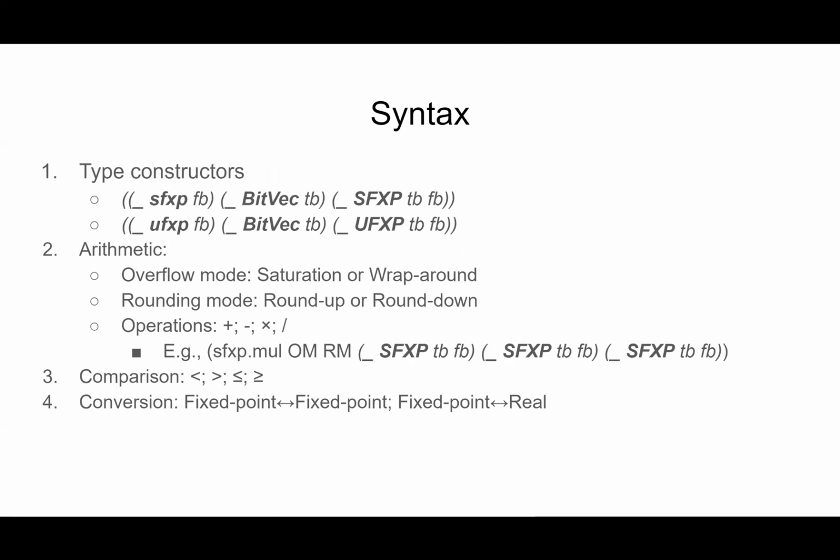So for the syntax of fixed point numbers, we define 2 separate sorts of fixed point numbers, signed and unsigned, and we have 2 separate constructors for them from a bit vector. And for arithmetic, the result of operations like addition, subtraction, multiplication, and division depends on 2 concepts, which are overflow mode and rounding mode.